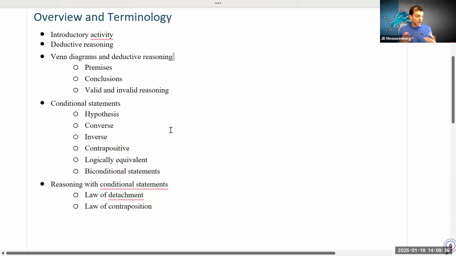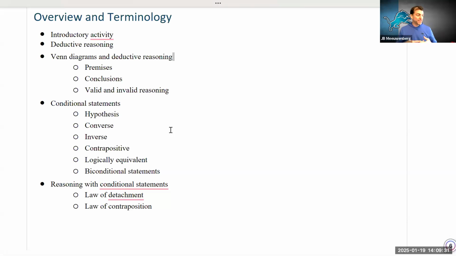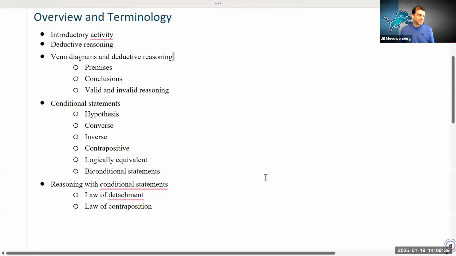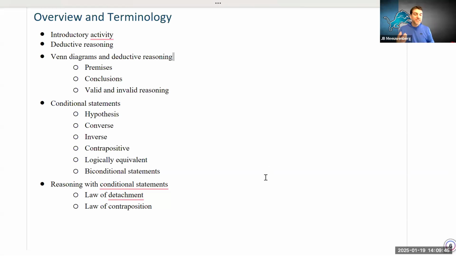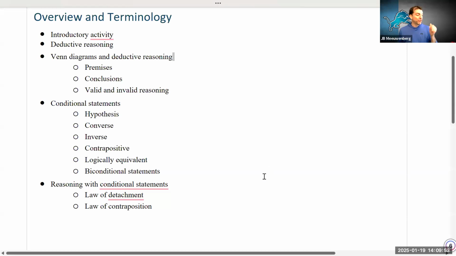Those have terminology such as hypothesis, converse, inverse, contrapositive, logically equivalent, biconditional statements. So again, lots more terminology here. And then finally, we'll kind of put it all together. We'll do some reasoning using conditional statements. And there are a couple different laws associated with that, called the law of detachment and the law of contraposition.